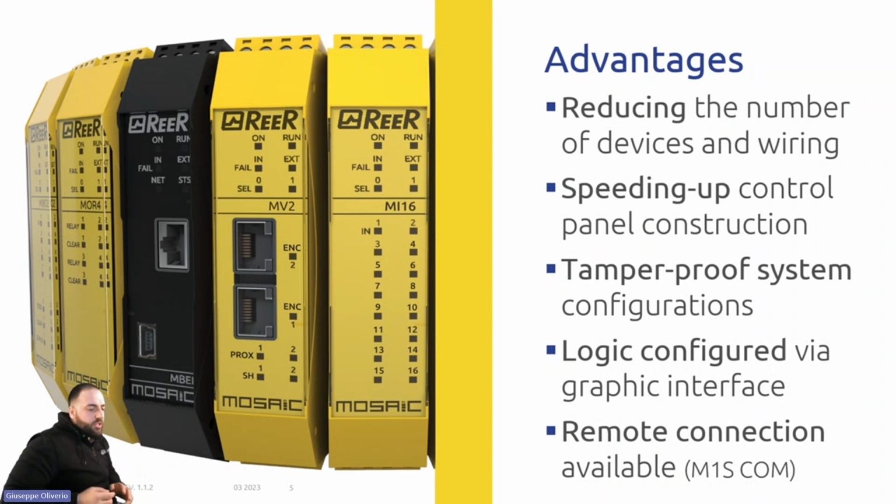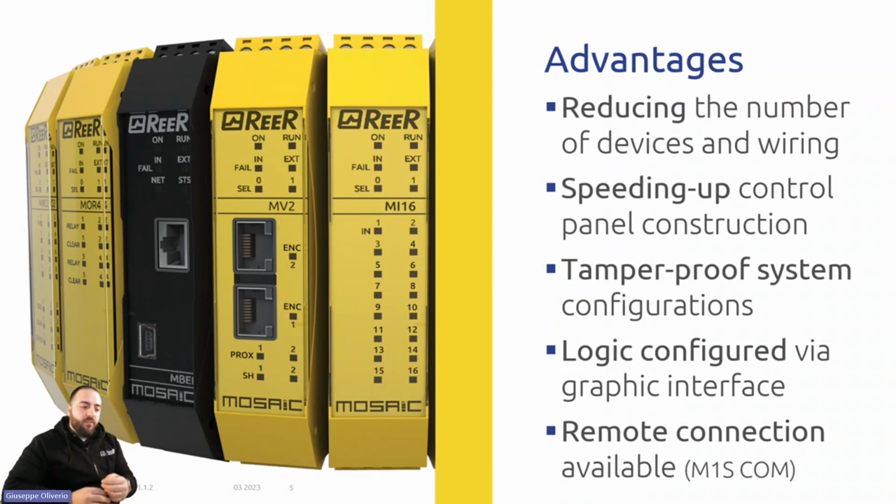So most customers will tell you, okay, but why do I have to choose a safety controller instead of a safety PLC? Well, if we look at the most famous safety PLCs, maybe the safety function must be done through the software, through the configuration.